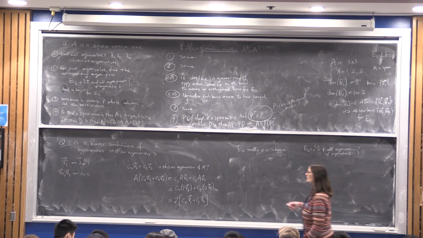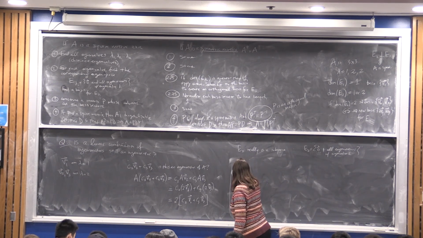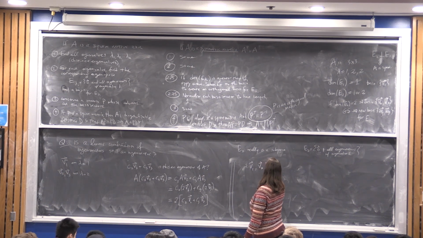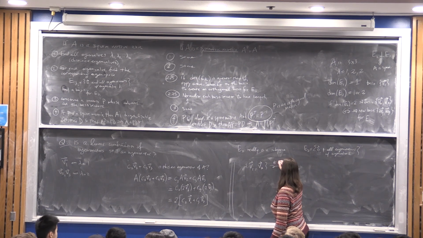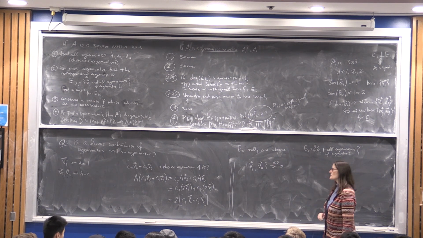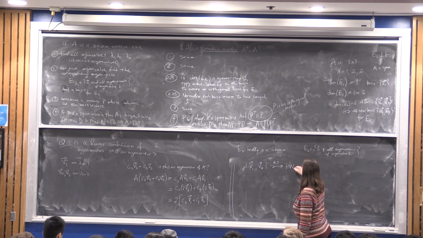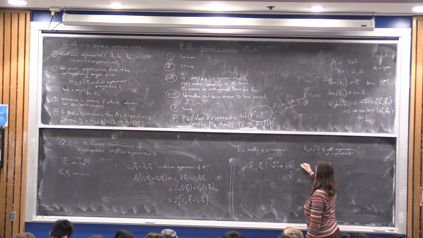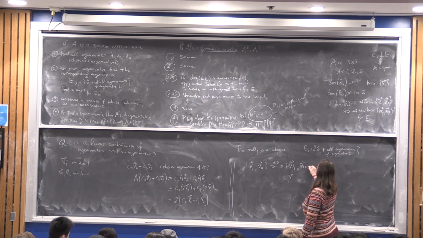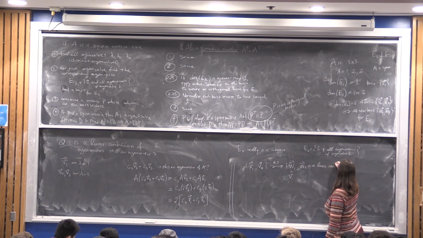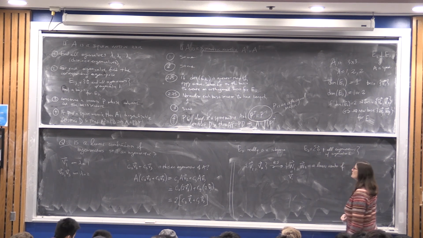But let's try a different question, which was, would it be a good idea to do Gram-Schmidt on this? So what Gram-Schmidt would do is it would give me W1, which I would probably take to be V1, and the second vector, W2, would be a linear combo of what two vectors?